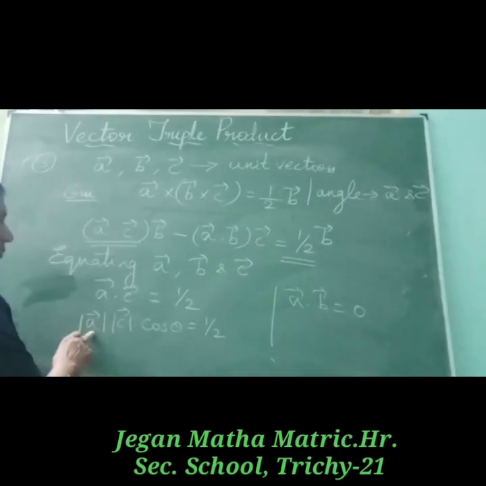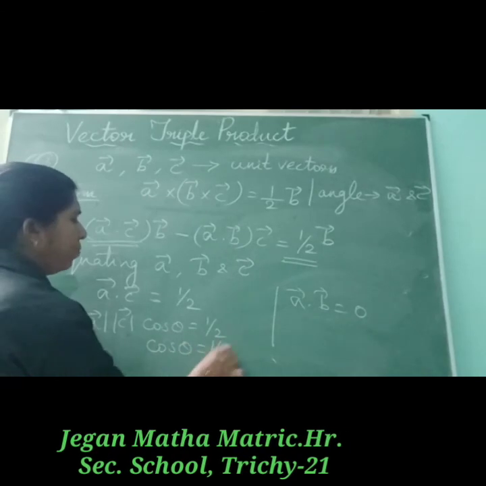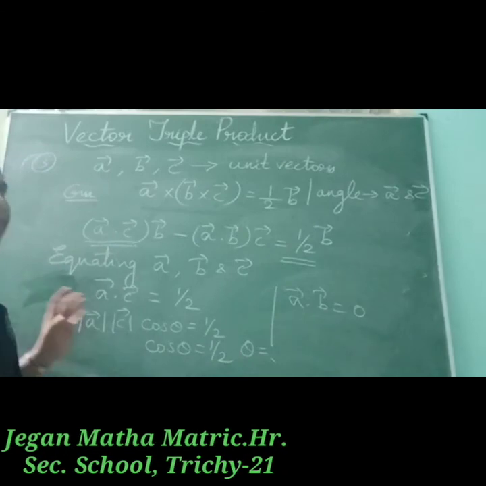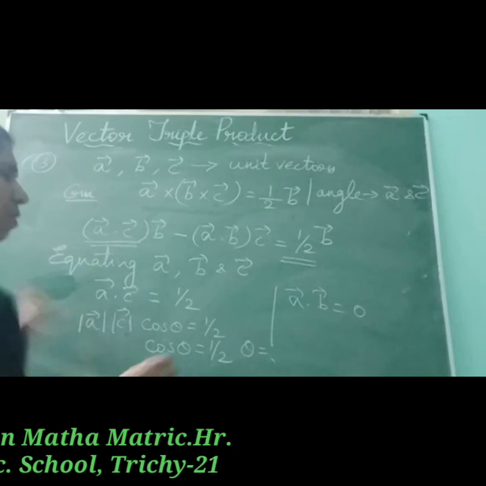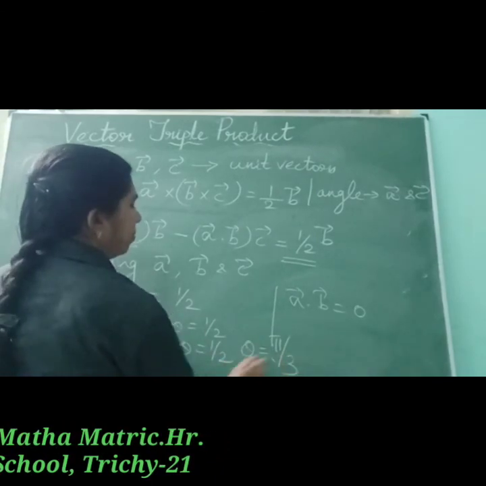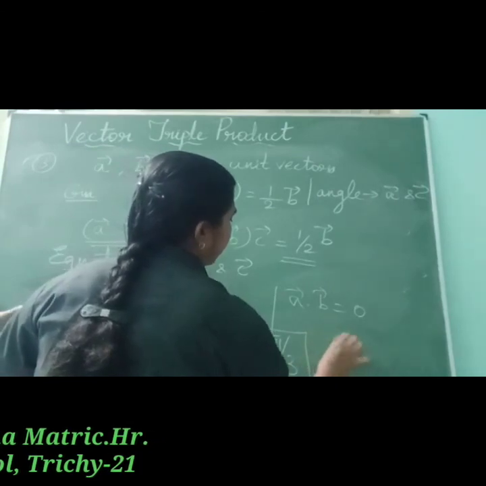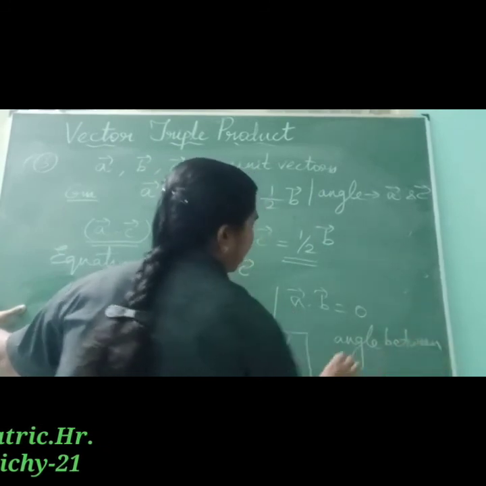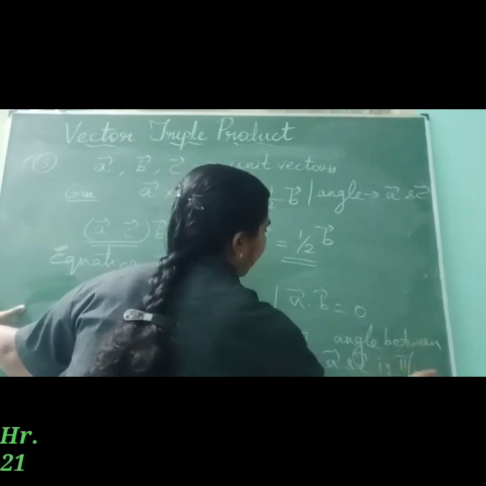So modulus of A and modulus of C is 1. So we get cos theta equal to 1 by 2. Therefore, for what value of theta is cos equal to 1 by 2? Theta equal to pi by 3. Hence, the angle between A vector and C vector is pi by 3. Okay. Thank you, children.